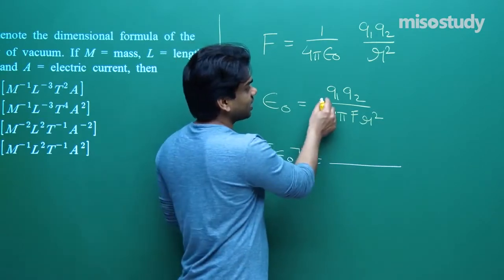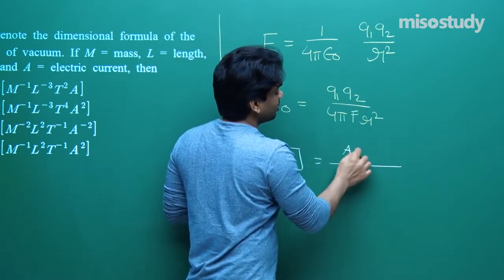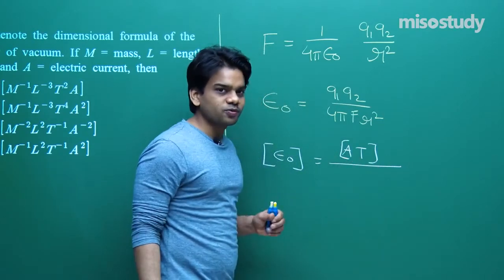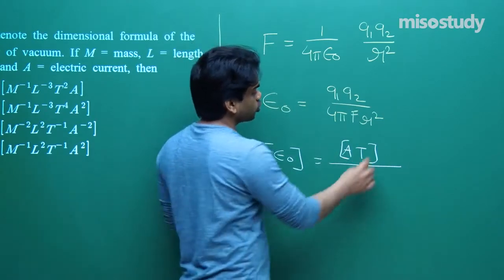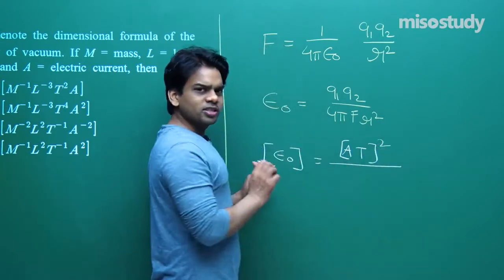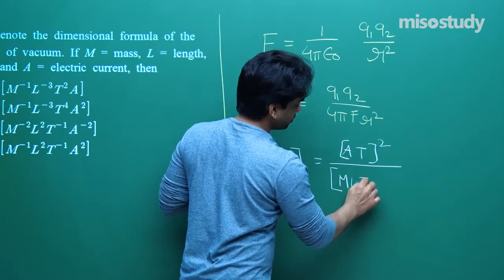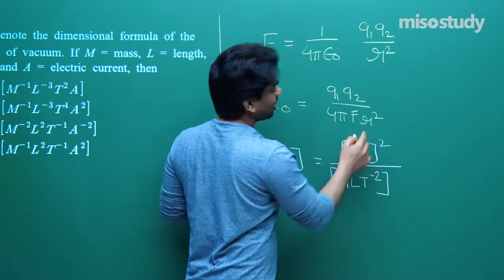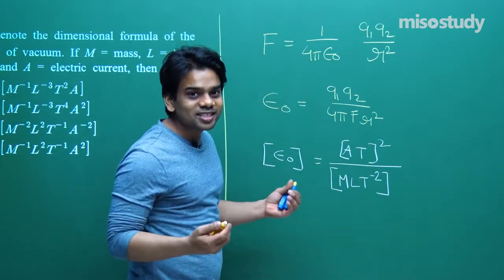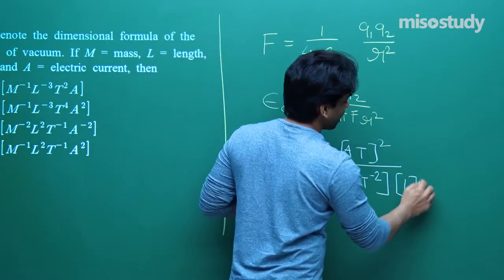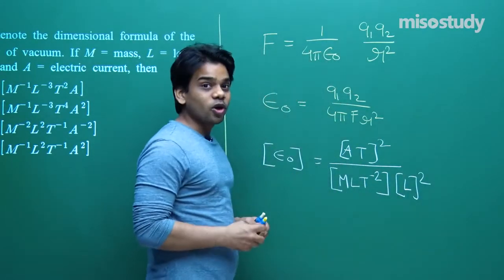It's a product of two charges, so A into T, that is the unit of current multiplied with the unit of time, A into T, and whole square. 4 pi is a constant, need not worry. Force, we all know, is M L T power minus 2. So I have supplied this, and R is actually the distance between the two charges, so that will be L to the power 2. This is what we'll be getting.